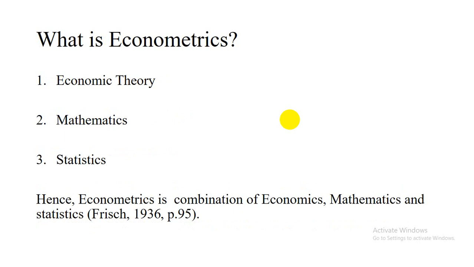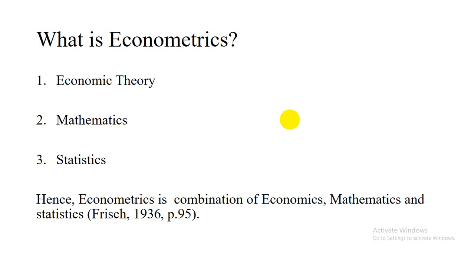First of all, what is econometrics? Econometrics is a combination of three subjects. First, we take economic theory from economics, and then we construct an econometric model based on theoretical mathematics, and then we apply statistical tools to understand the relationship among variables according to economic theory.